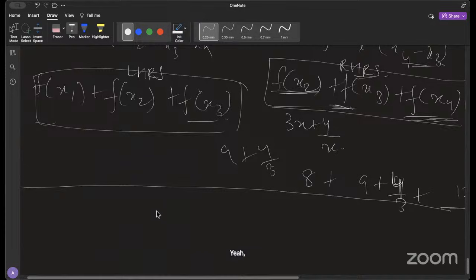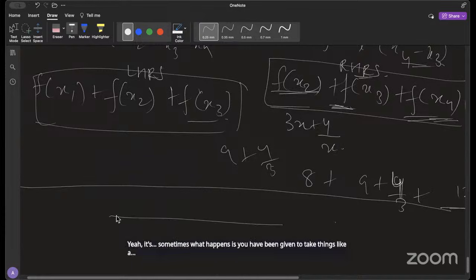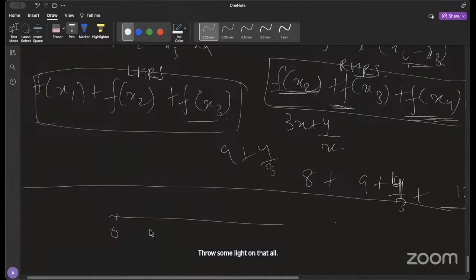Right. Sometimes what happens is you've been given the interval from 0 to 1, let's say, and then you are asked to do 1 by n each time. I've seen this in some questions. So you do 1 by n, because each subinterval is of length 1 by n.